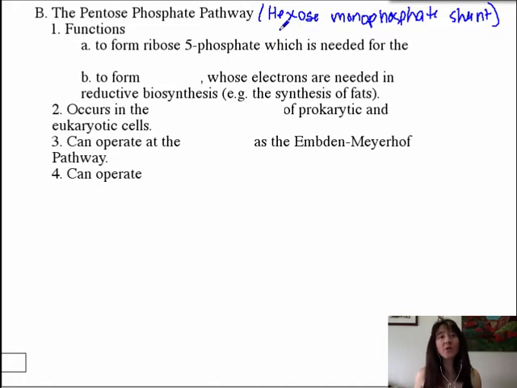So said another way, we might say that the pentose phosphate pathway is run when a cell needs to build stuff. So let me just put an arrow and say this pathway is totally upregulated when a cell needs to build stuff.